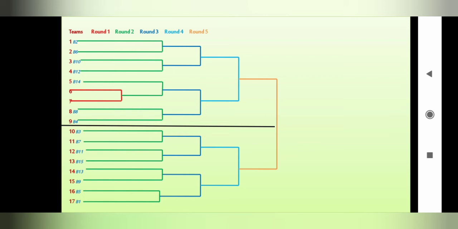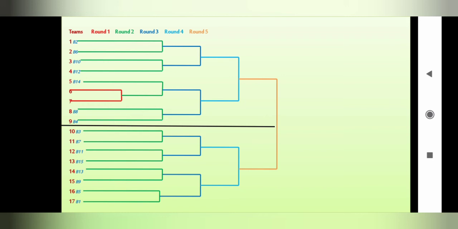Okay, so there are 5 rounds. So first round. Okay class, the important point is the teams which have received byes do not participate in the first round. It means when we have given byes to teams, they are not participating in the first round.